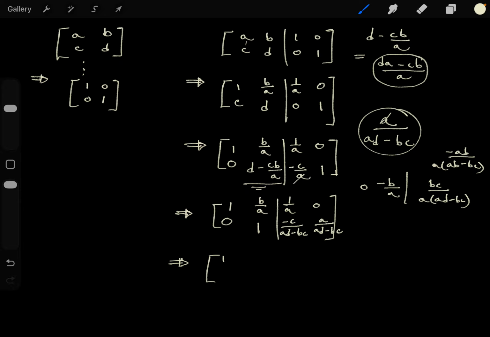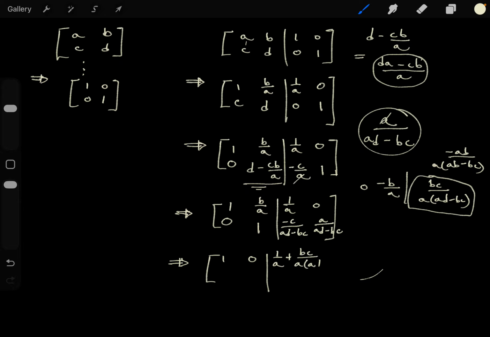So I'm going to get 0, and then it's 1 over A, because I'm taking this. Yeah, 0. And then this one is added to the 1 over A, so it's this.